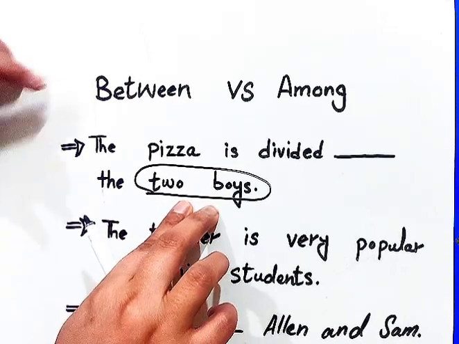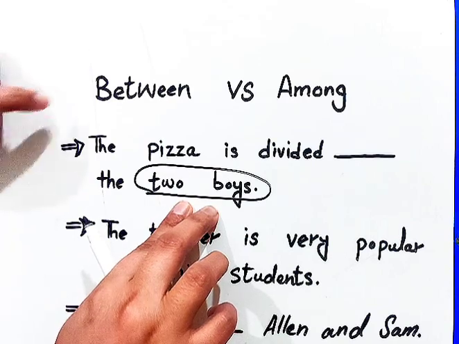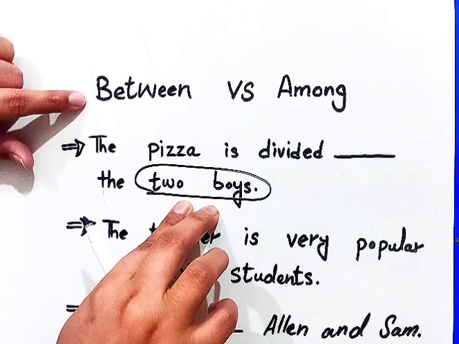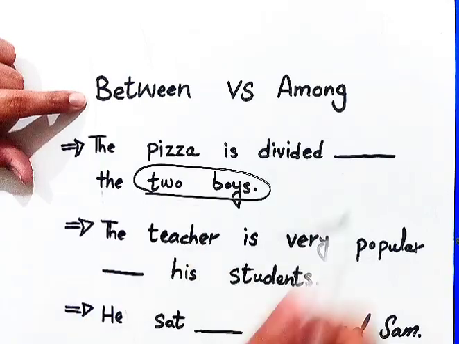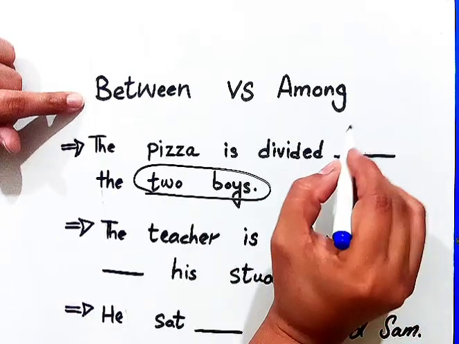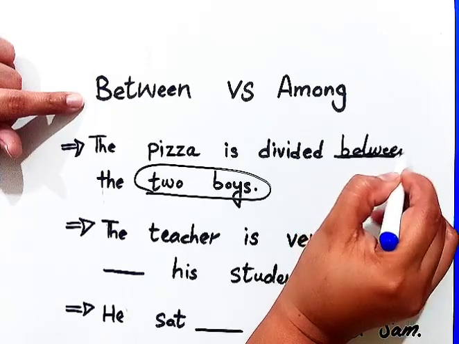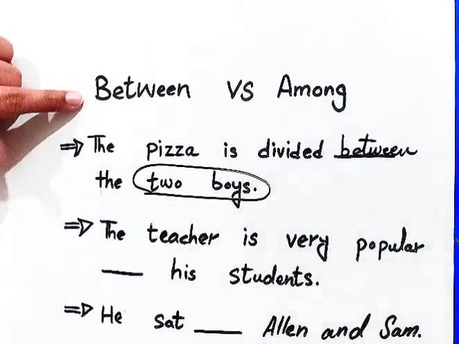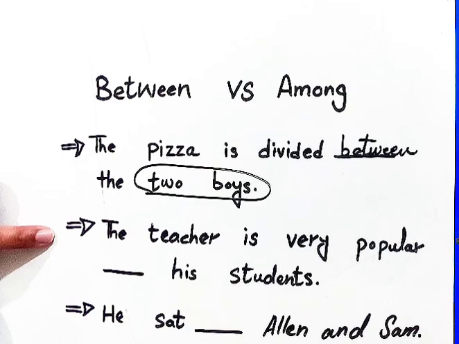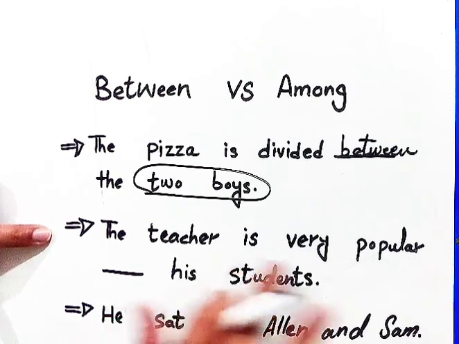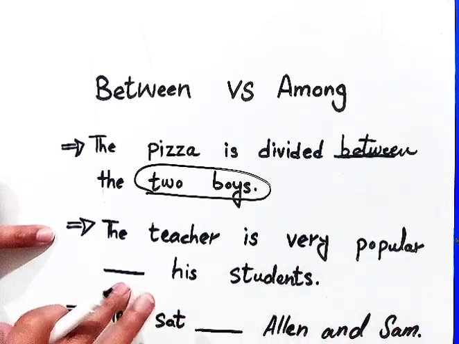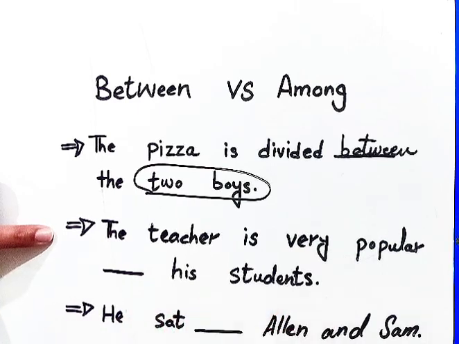So, as we learned before, for two persons we use the word between. So, the pizza is divided between two boys.